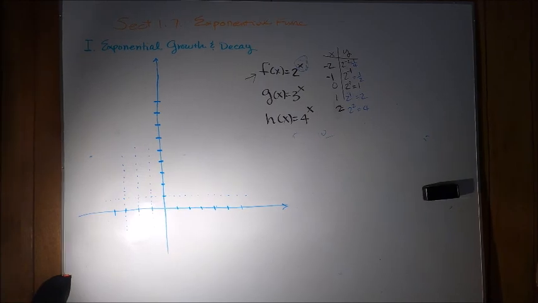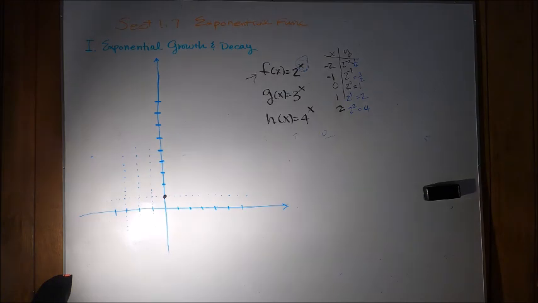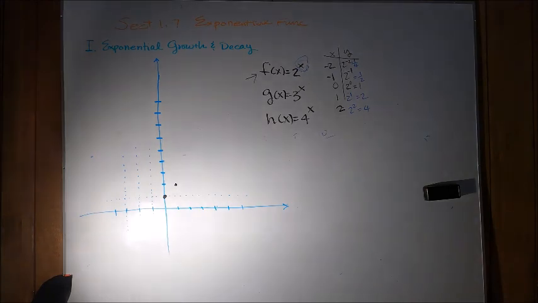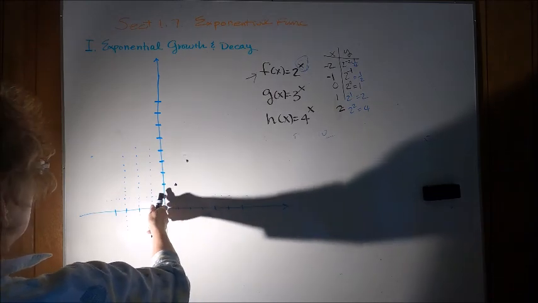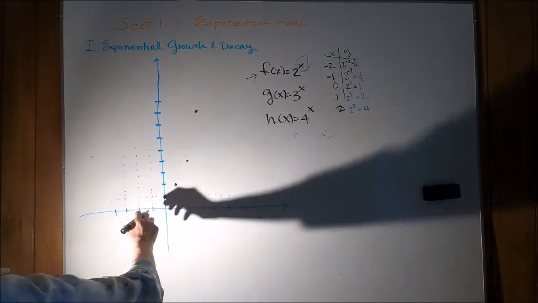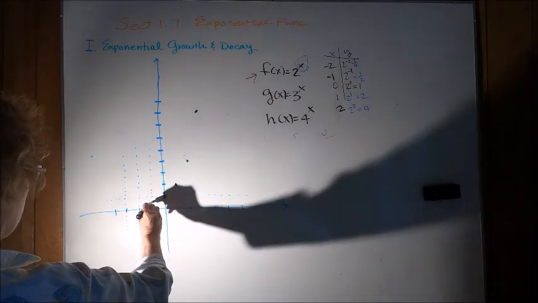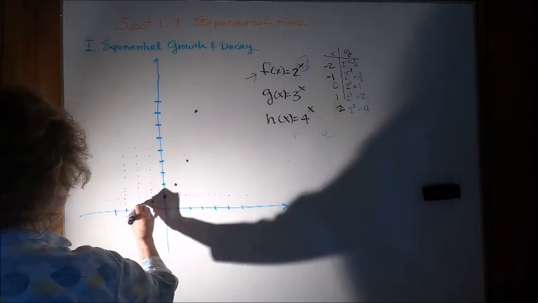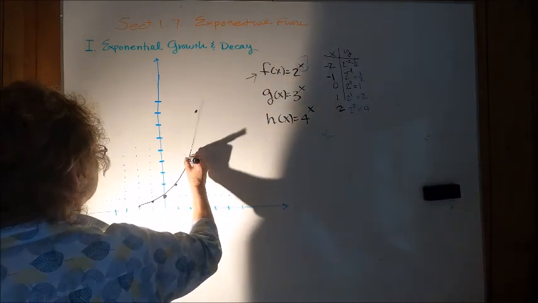So 2 to the 0 power is 1. 2 to the 1 power is 2. 2 to the second power is 4. 2 to the 3 power is 8, right here. So 2 to the negative, x is negative 1, so it's half, right? 2 to the negative 2 is what? Quarter. So the graph will look like this.